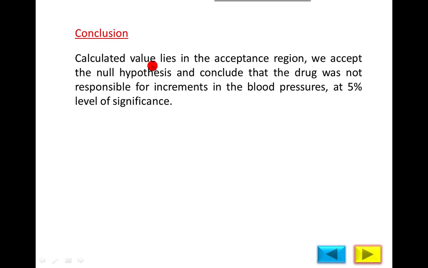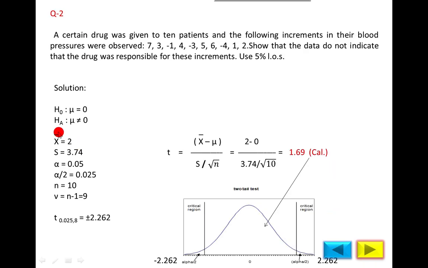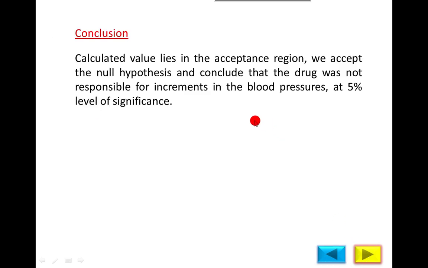So the calculated value lies in the acceptance region. We accept the null hypothesis and conclude that the drug was not responsible for increments in the blood pressure at 5% level of significance, because before and after the result is 0. So this is the conclusion.